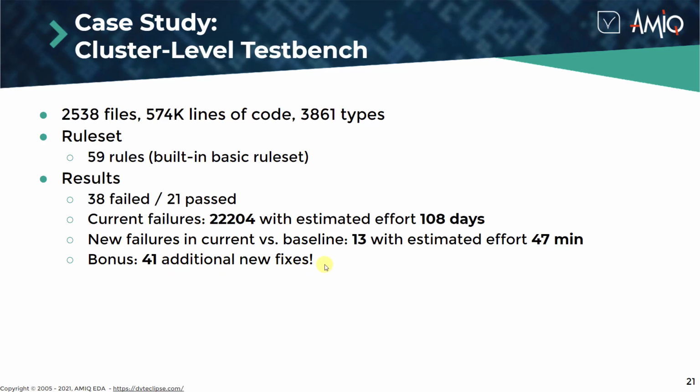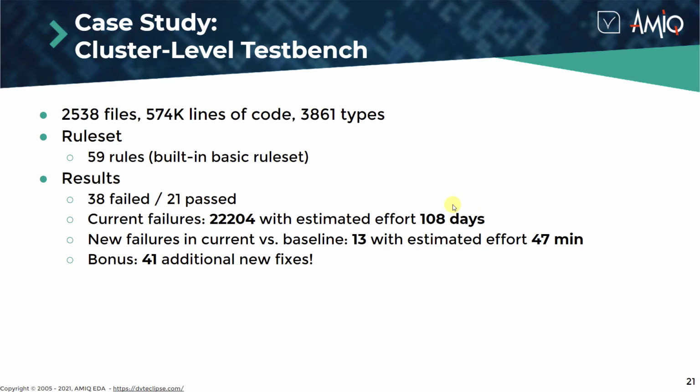On a much larger project weighing in at 2,500 files, almost 600,000 lines of code and 4,000 types, we have over 20,000 failures in the baseline with an estimated effort of about 100 days or over 6 months. Of course, assuming that you're not working all weekdays 24 hours a day.